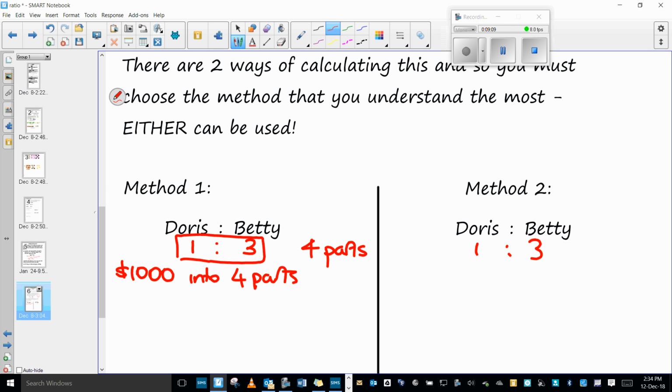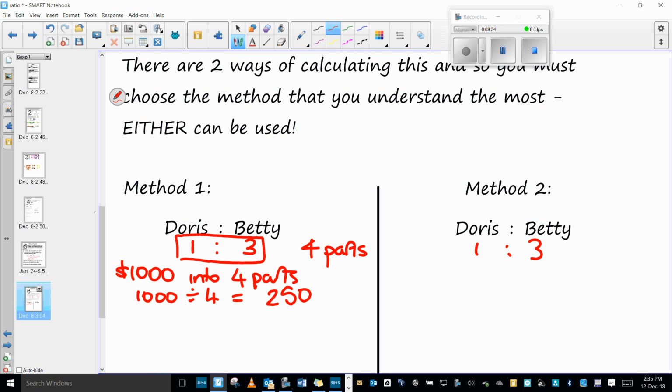Good. Tell me mathematically, what are you doing to the number if you're splitting it into 4? You're dividing it. We're dividing it, yes. So we're doing 1,000 divided by 4. As Sarah said, 1 part is 250.